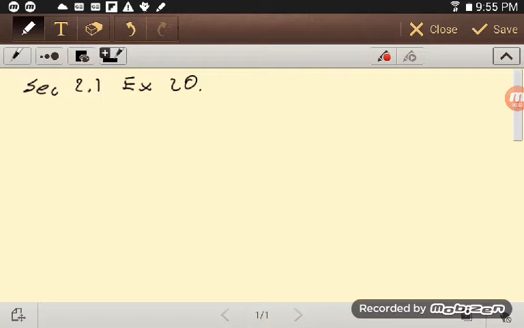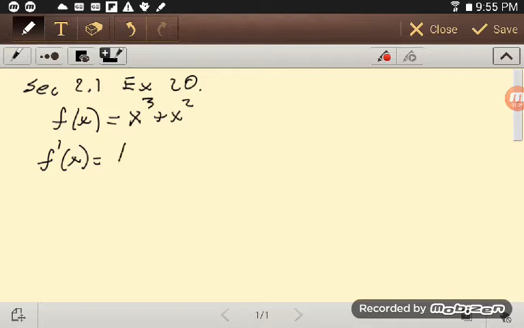Okay, so in this case, as I look at 20, I have that f of x is equal to x cubed plus x squared. Now, to find that derivative, f prime of x, I need to take the limit as h goes to 0. Here's a place where h is so much better than delta x for just writing.